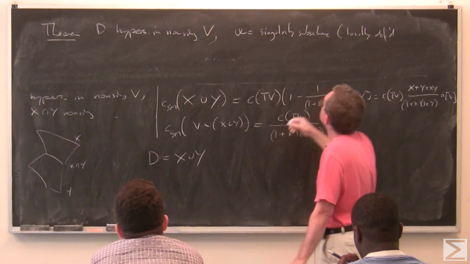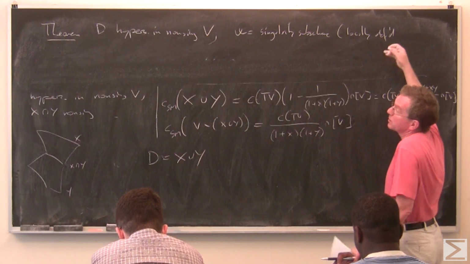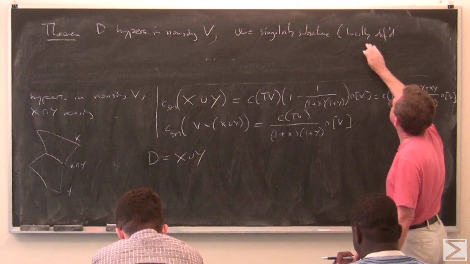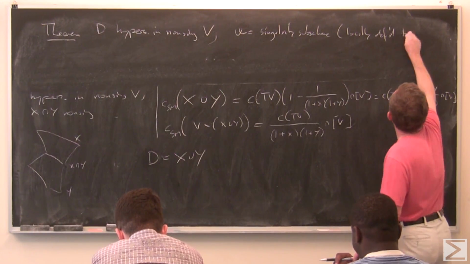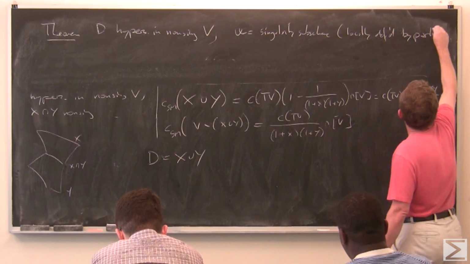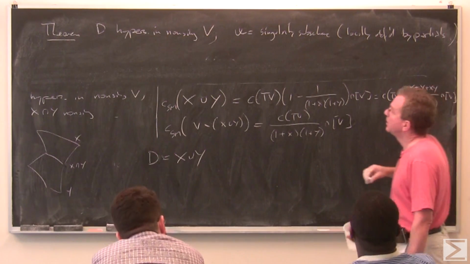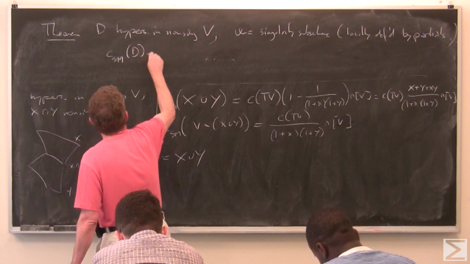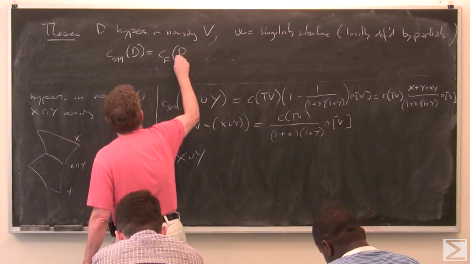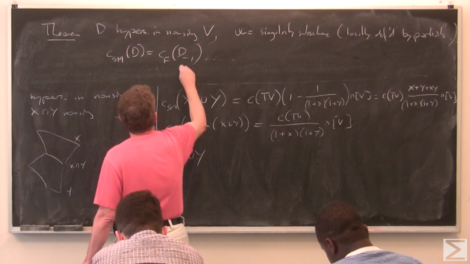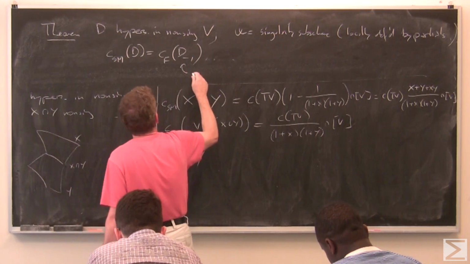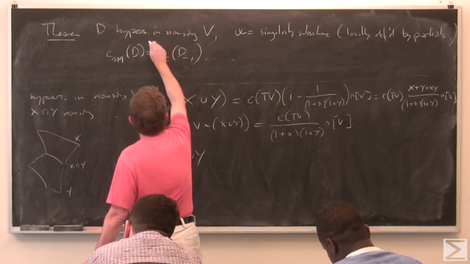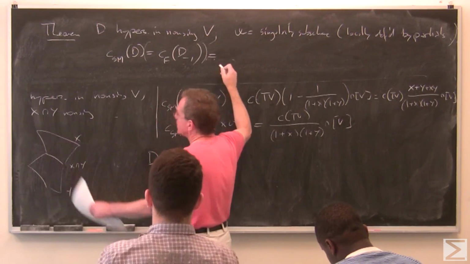Those define an ideal, so some people call this the Jacobian ideal of the divisor, locally defined by the partials. And then the theorem is that the Chern-Schwartz-MacPherson class of D equals Fulton's class of D minus 1, where this is the operation you've seen over there. So this is maybe mnemonic. The formula is still over there.